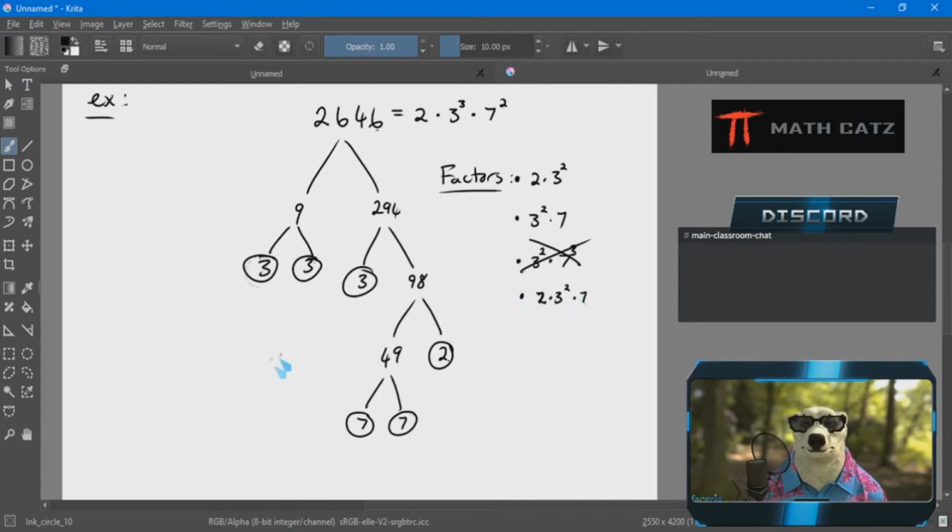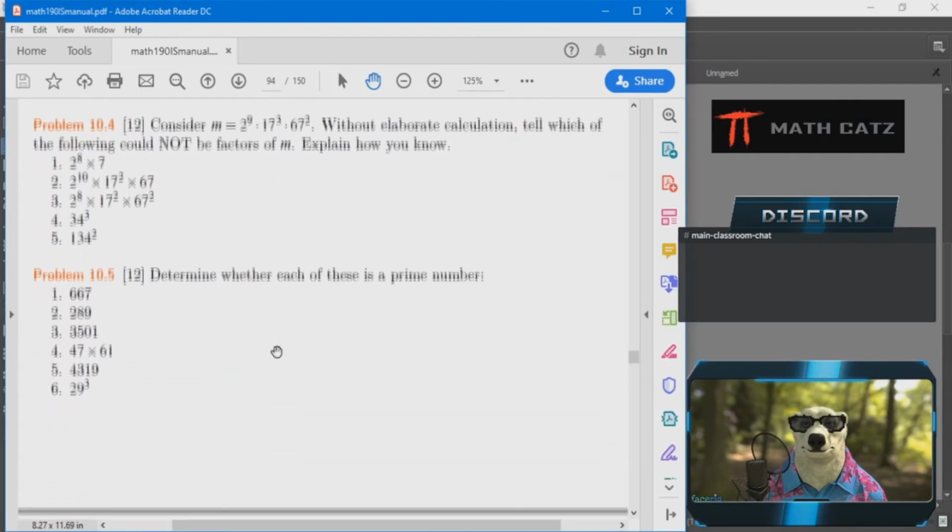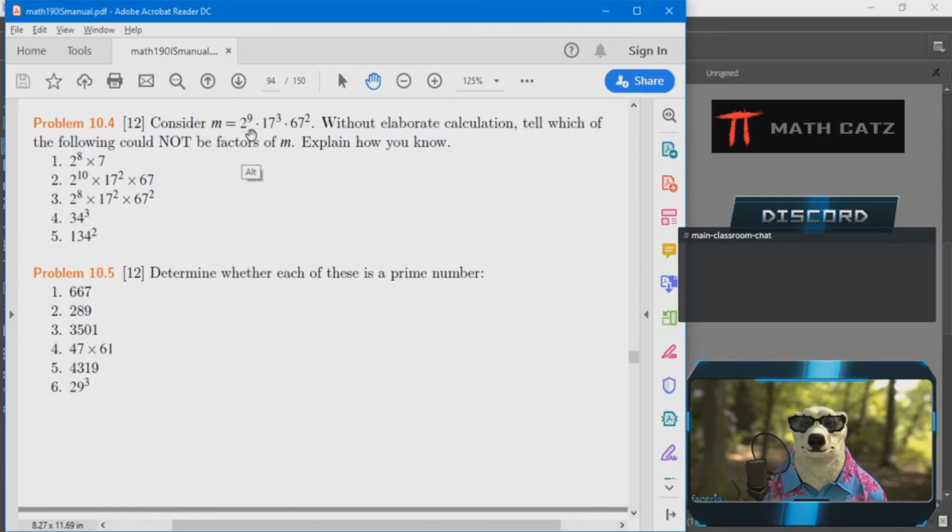All right. So now if I look at 10.4, let's move it up a little bit. I'm given a number. It's already sort of broken up for me. Is 67 a prime number? I guess it is.